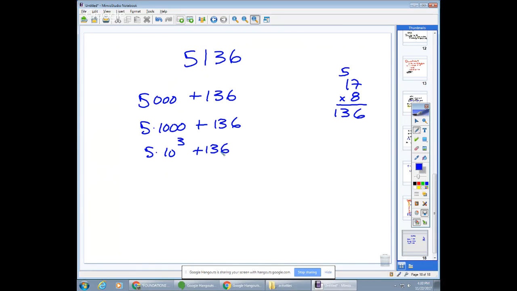Now 10 is really 2 times 5, so 10 cubed is really 2 cubed times 5 cubed, and then I have this other 5 out front. And 2 cubed is really what? 8. So if 8 goes into 1,000, it's going to go into 10,000, then 100,000, a million, and so on. The catch is, as long as the last 3 digits form a multiple of 8, we're good. 8's going to go into it from there.